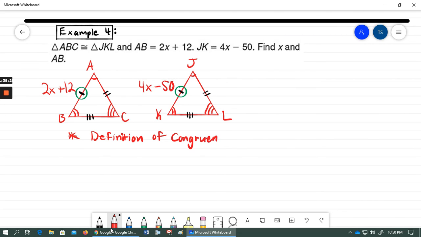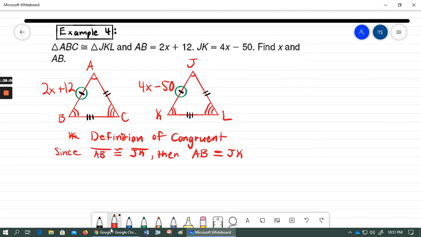Since we know those two sides are congruent to each other, then we know that the measurements for those two are equal, right? So since AB is congruent to side JK, then the length of segment AB is equal to the length of segment JK.